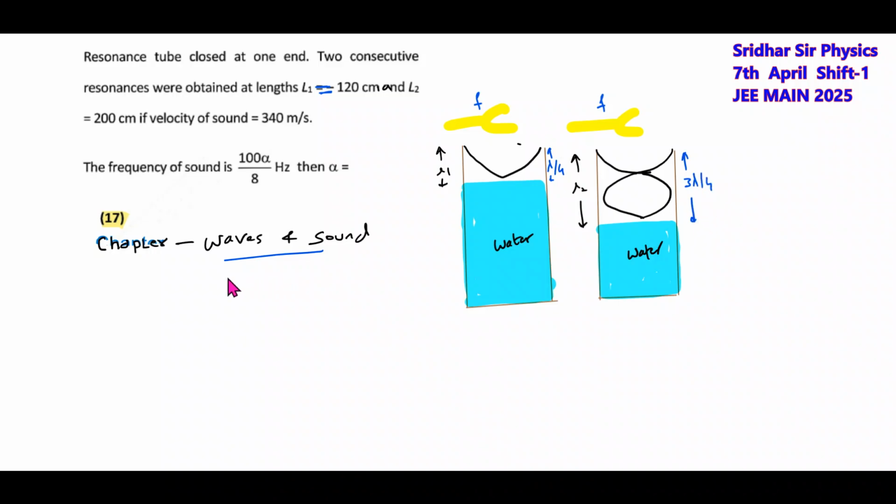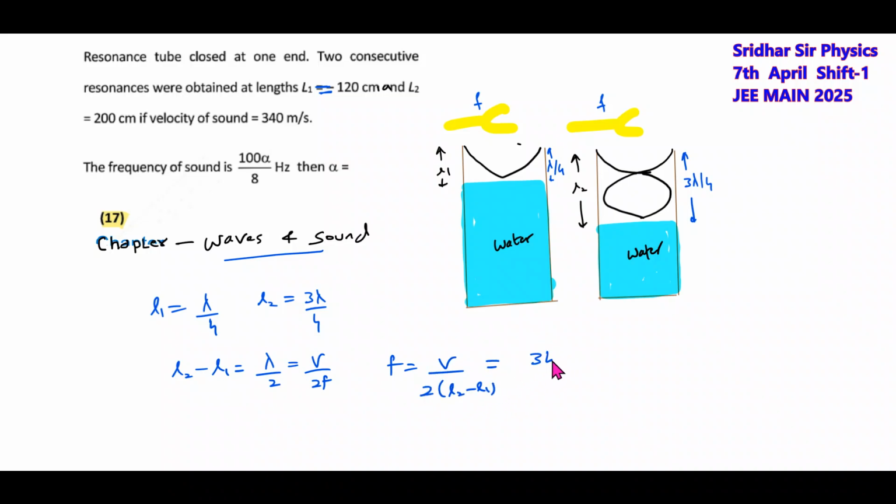The resonating length L1 will be lambda by 4, L2 will be 3 lambda by 4. L2 minus L1 will be lambda by 2. What is lambda by 2? V by 2F.